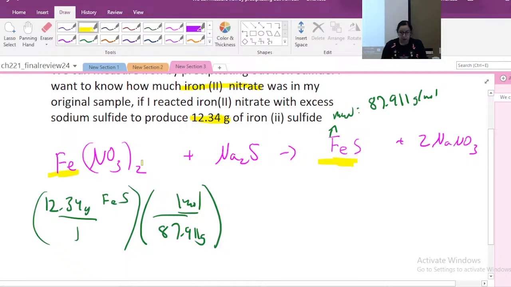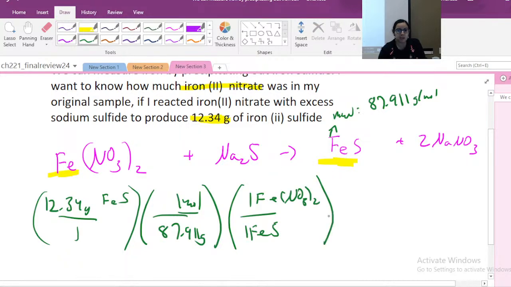It's nice to write out your balanced equation, even though this one's a 1-to-1 ratio, because it helps you to see that. So now we can say, for every 1 mole of iron sulfide, that corresponds to 1 mole of iron nitrate. And then what's our last step if it's asking for mass?